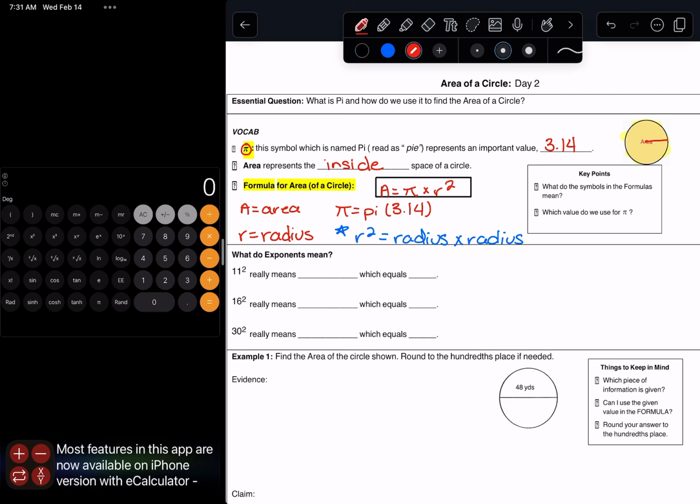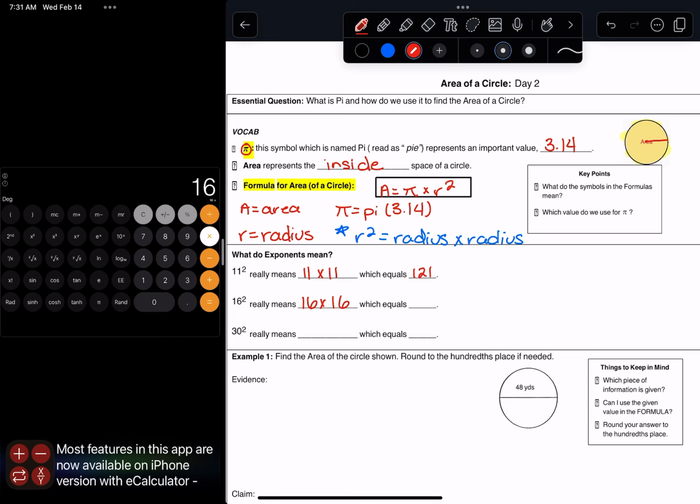Let's look at what exponents mean. So 11 squared, or 11 to the power of 2, really means 11 times 11. And if we use our calculator, 11 times 11 is 121. 16 squared is 16 times 16, following the same pattern as the 11 squared.